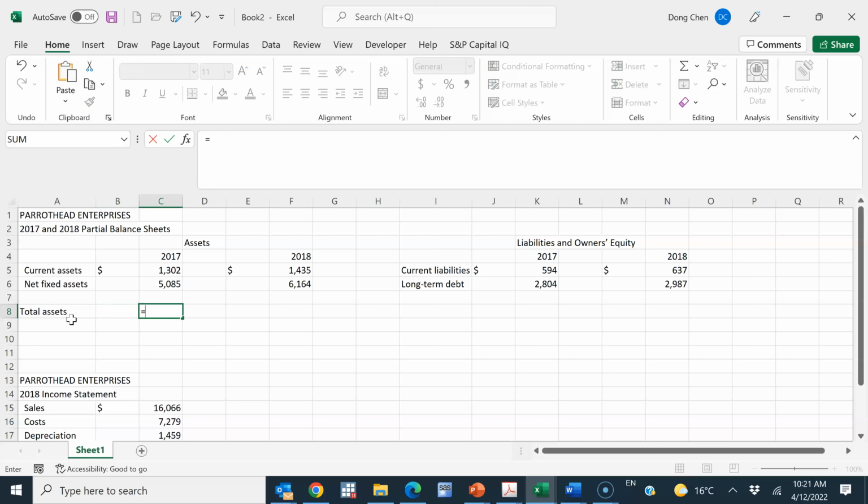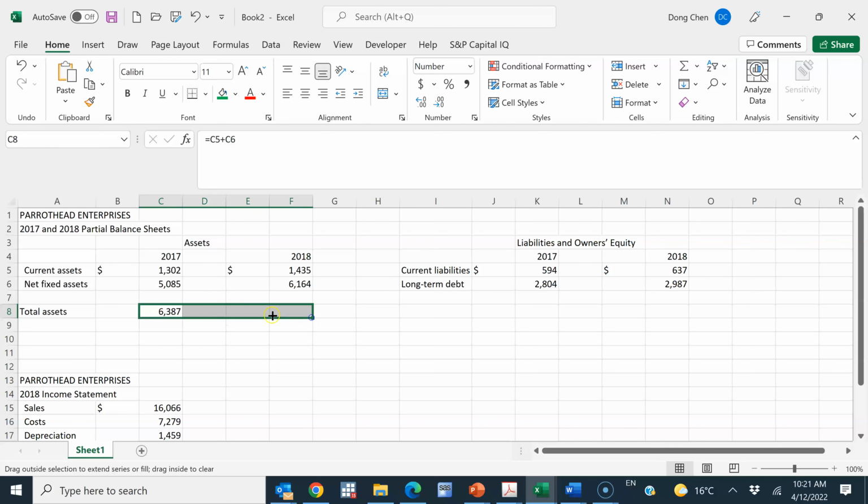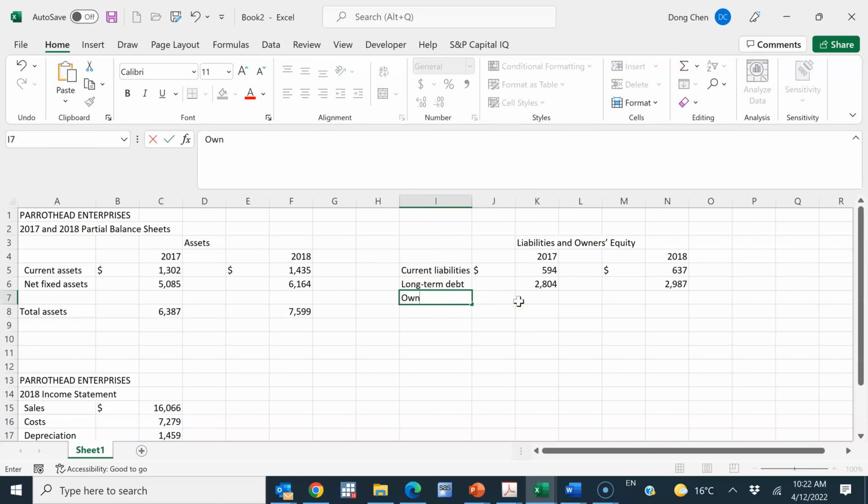It's going to be the sum of these two, current assets and fixed assets. So just extend this calculation to the other year. And then on the right-hand side, the liabilities and owner's equity. We're provided with current liabilities and long-term debt.